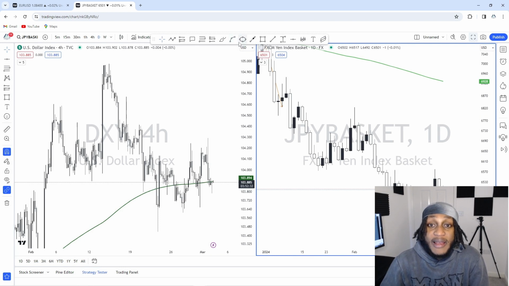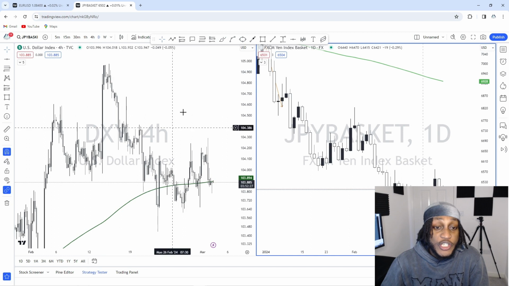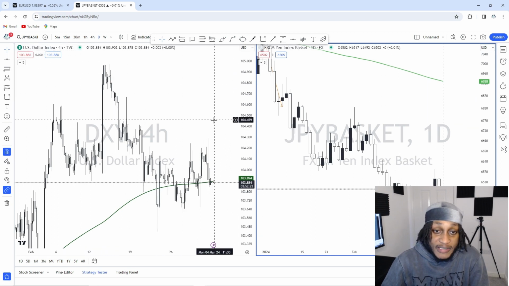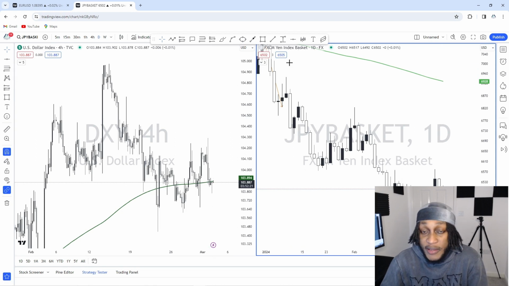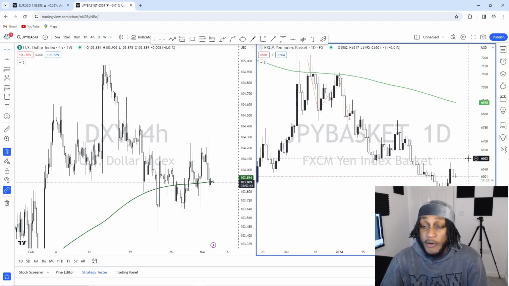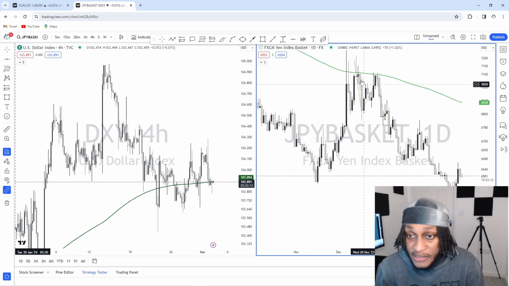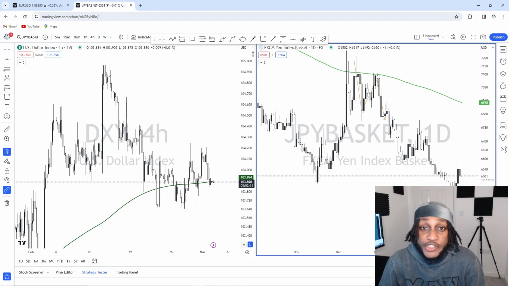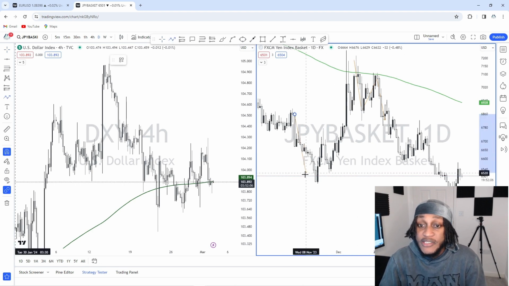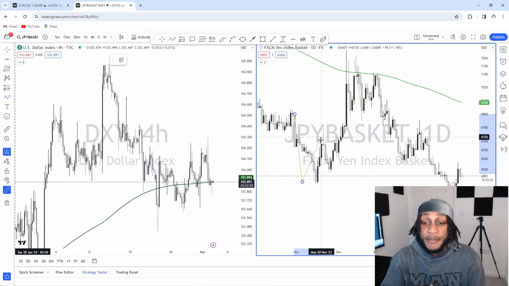On the left-hand side of my screen, what I have there is the JPY, known as a JPY basket. Next to it I have my dollar index, and on my right-hand side I have my yen, which is my JPY. If you look at price, you can see the market is trending lower, which means it's a bearish market.